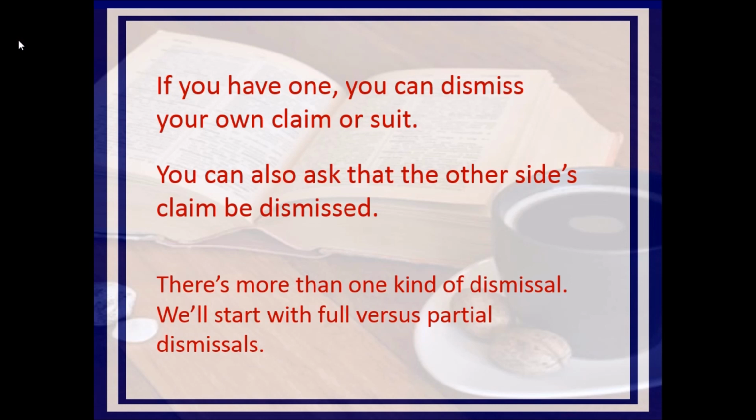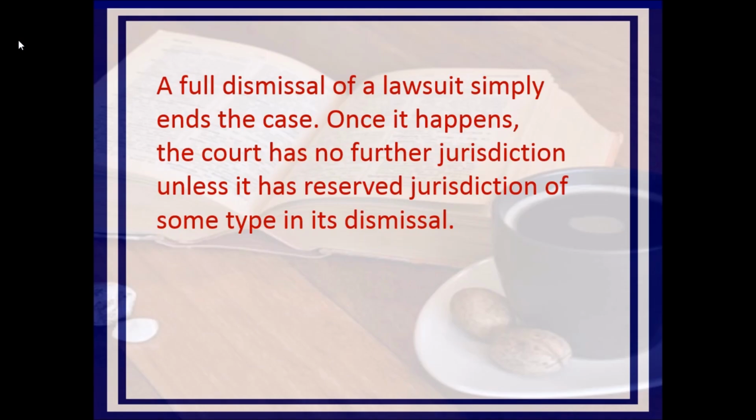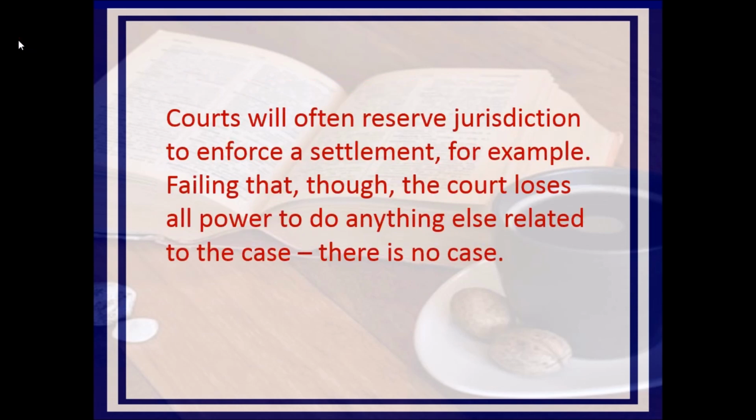There's more than one kind of dismissal, and we'll start with full versus partial dismissals. A full dismissal of a lawsuit simply ends the case. Once it happens, the court has no further jurisdiction unless it has reserved jurisdiction of some kind in its dismissal. Courts will often reserve jurisdiction, for example, to enforce a settlement.